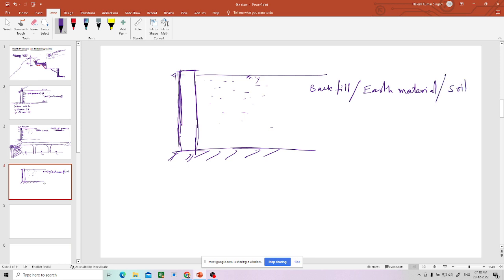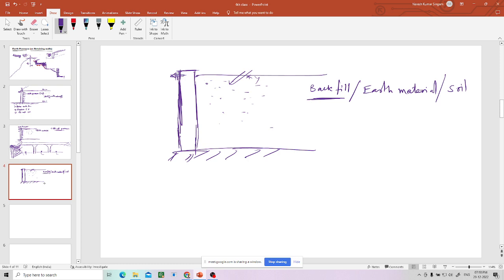But generally people use backfill because it is filled on the backside of the retaining wall. Why is it back? Because the wall is moving in this direction, and the soil is behind with respect to the direction of movement, so it is at the back side of the wall. That is why it is backfill.